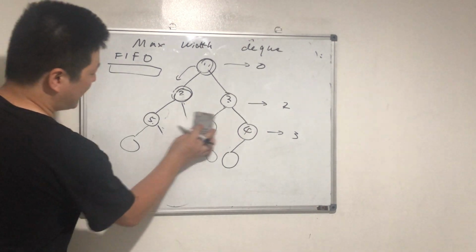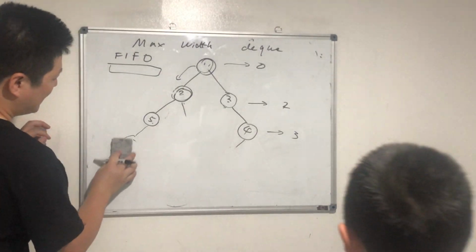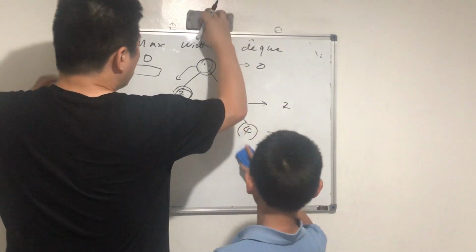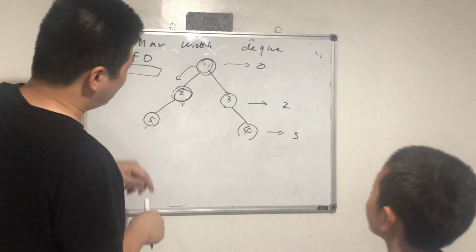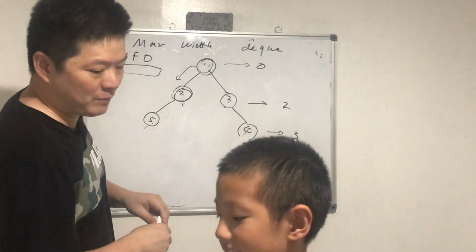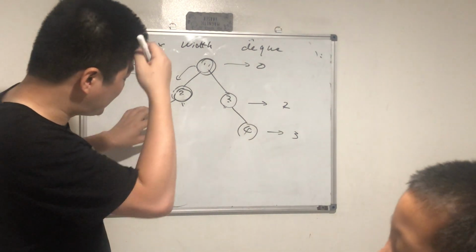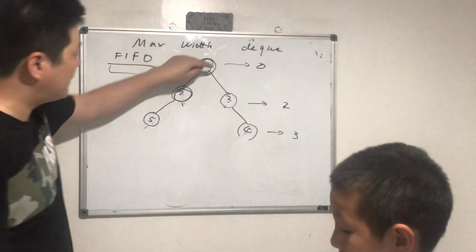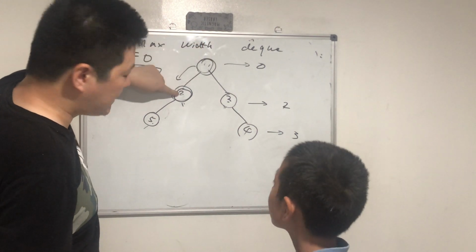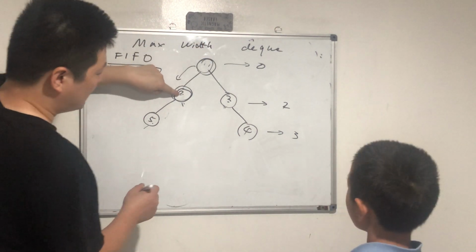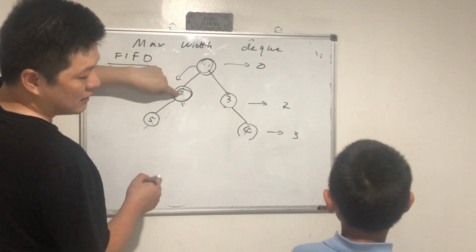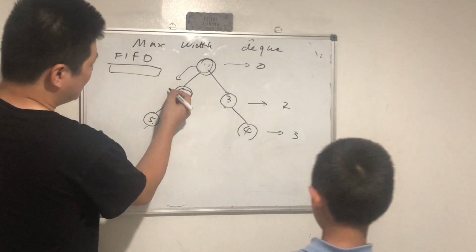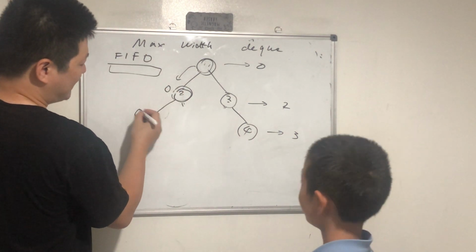Okay, let's take an easy example. Let's say you want to calculate the distance between 5 and 4. Look, this is 0. This times 2, 0 times 2 is still 0, and here is 0.